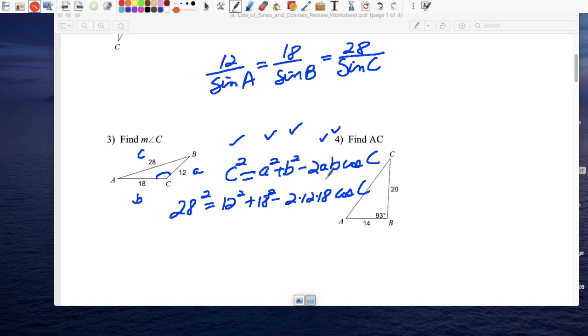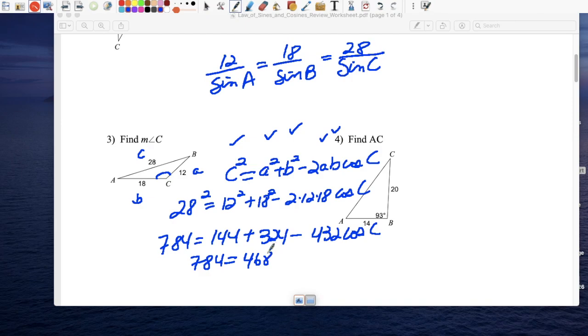So let's do a few steps. 28 squared is 784. 144 plus 18 squared, which is 324, minus 2 times 12 times 18 equals 432 cosine angle c. Let's combine some like terms. 784 equals 144 plus 324 equals 468 minus 432 cosine angle c.